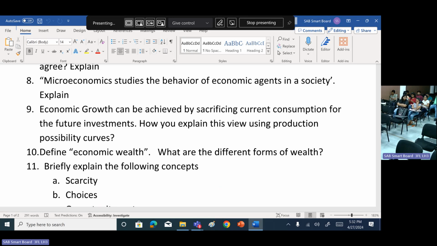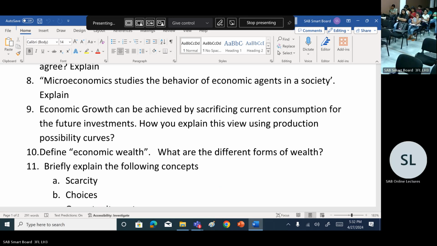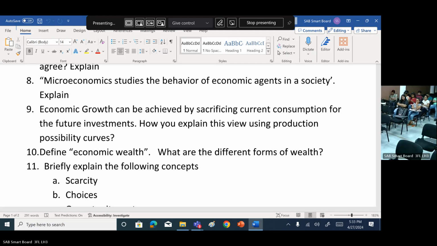When we increase the capital, we sacrifice from the consumer goods, right? So this is the case.